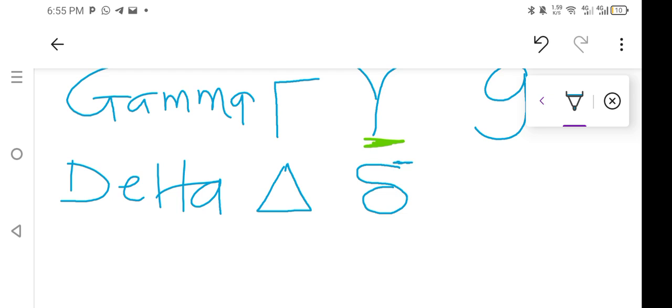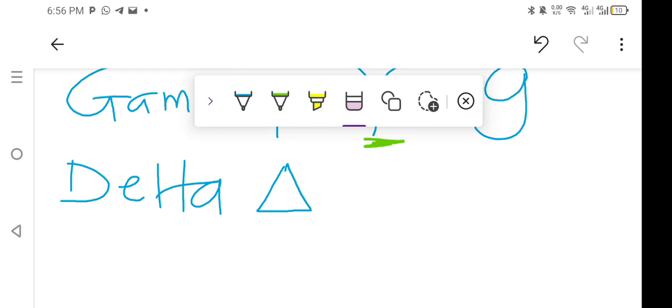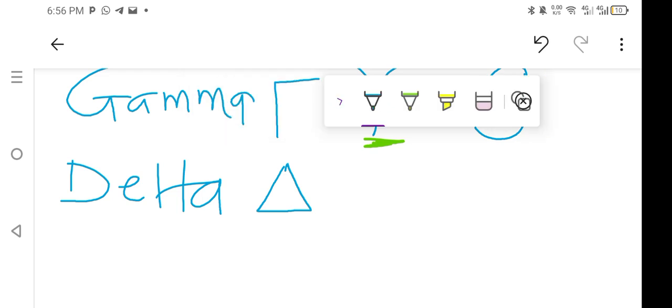It kind of starts halfway in the middle. So that is how you write delta. You notice the only difference is that this part does not completely go to the same length of the letter. You can pause and practice writing that right now.